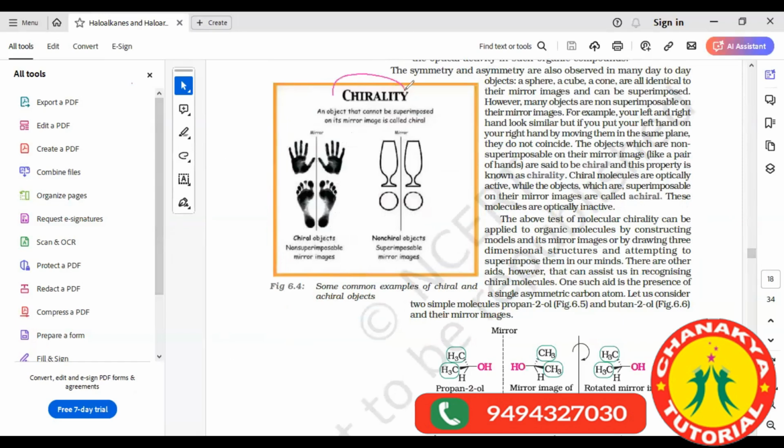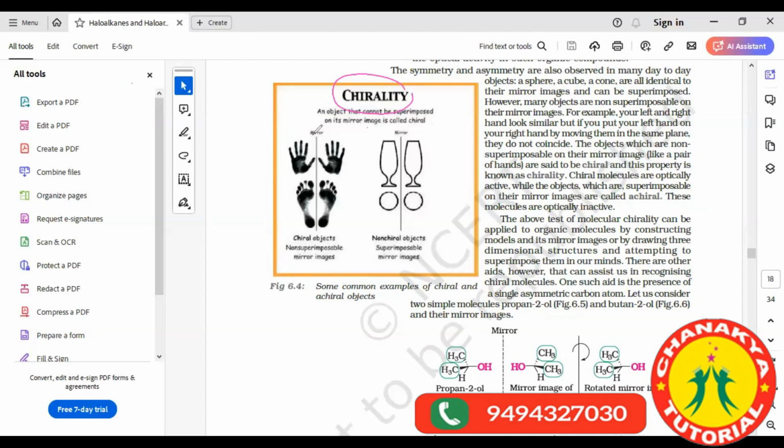Able to see? Yes. An object that cannot be superimposed on its mirror image is called chiral, right? So these are chiral objects. If you keep one hand on the other hand, does it match completely? Don't join your hands. If you join palm to palm in the opposite way, definitely it will match.